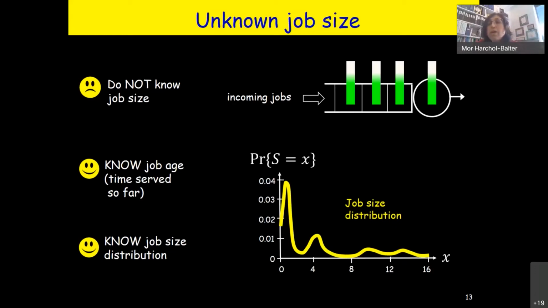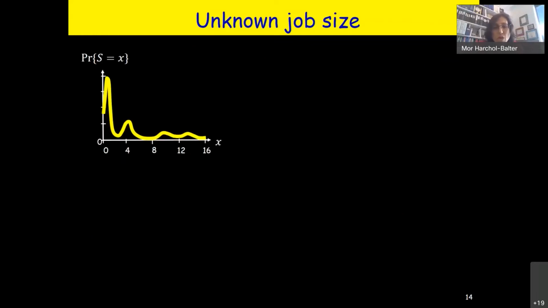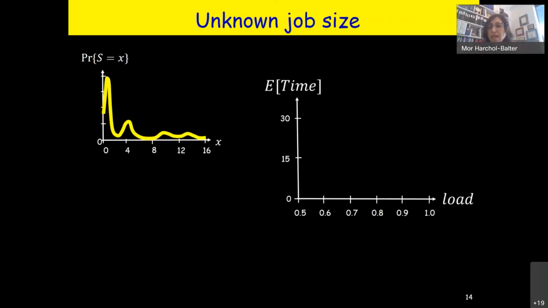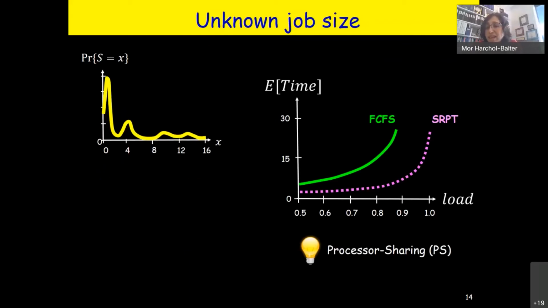And now what can you do? The simplest thing that you can do is one that has nothing to do with size. Here I'm going to show you time as a function of load. This is first come, first serve, which of course doesn't require any knowledge. And this is SRPT, which we can't do because it requires knowing the sizes. But in between these is processor sharing.